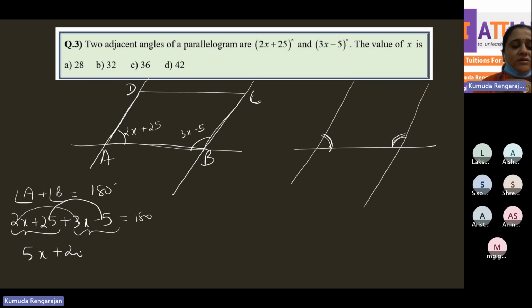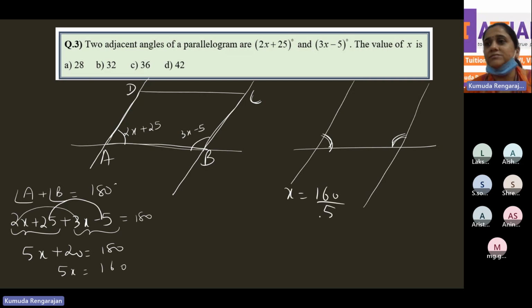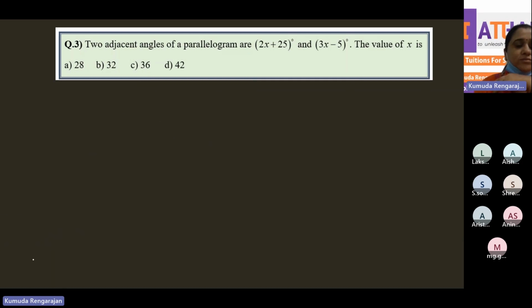So 5x is equal to 180 minus 20, which is 160. X is equal to 160 by 5, so x is equal to 32. The value of x is 32.